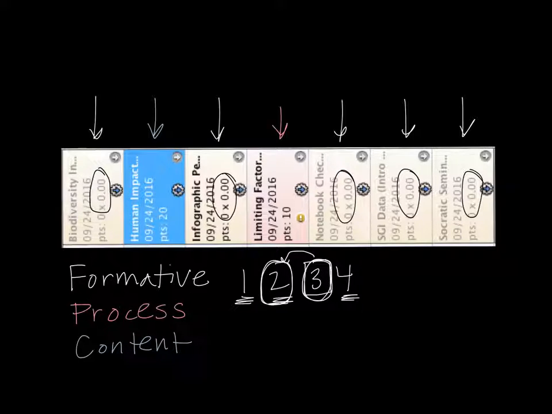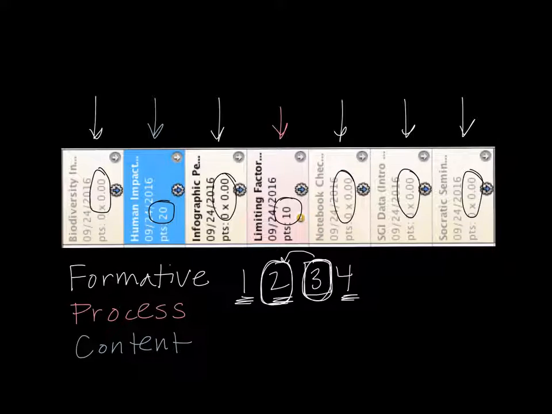Now the process standards and the content standards, you will see they are out of 10 points here, and then 20 points here. So these are assessed on a point-based system. But this point-based system is still kind of like levels.